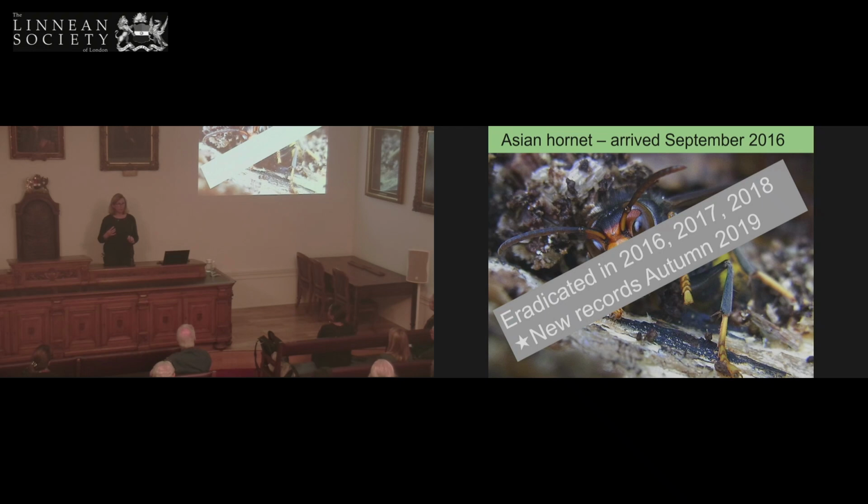So at the moment, the system is working in that as soon as we get a record, the information is fired out to the necessary people. And because these hornets go back to their nest at night, it's fairly easy to destroy the nest. So we've had a few new records this autumn, but it's a very stable position, about the same number each autumn of records.